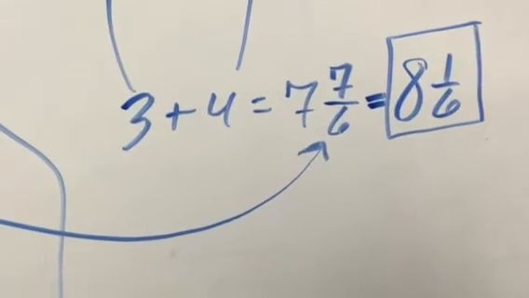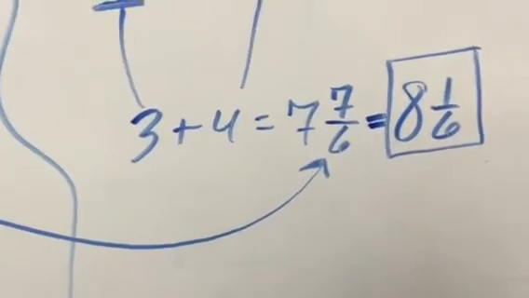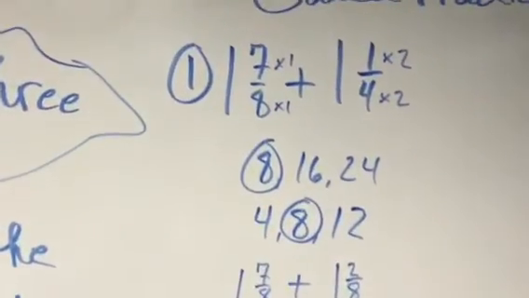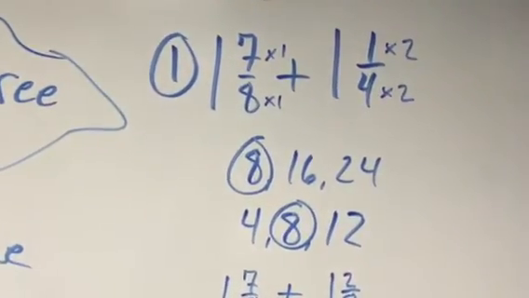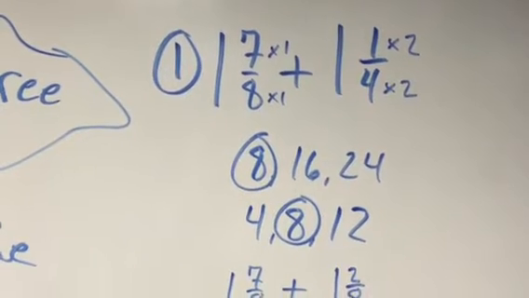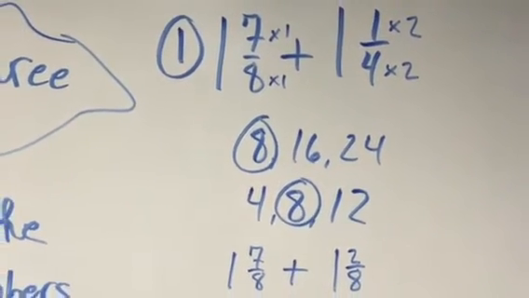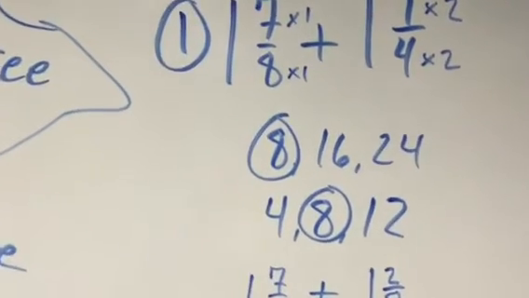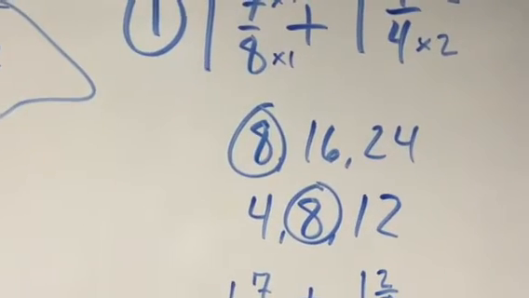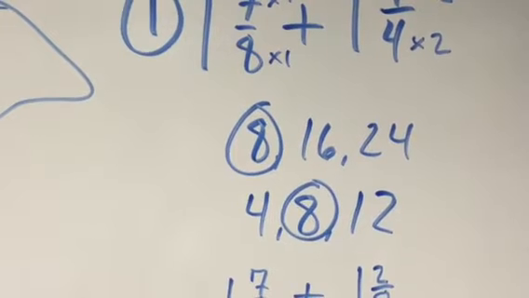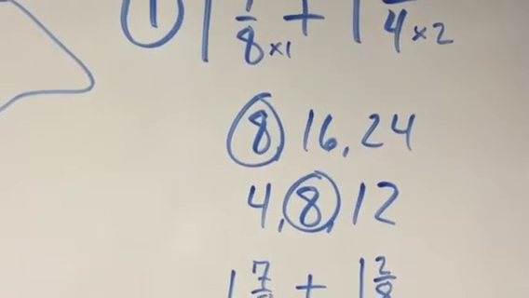We'll have to do that again in our guided practice, so let's look at our guided practice and see how we do it next time. Question number 1 is 1 7/8 plus 1 1/4. Step 1 tells us we need to make equivalent fractions. So first we have to find a common denominator. So we list out the multiples, and we notice that 8 is the first common multiple, or the lowest common multiple.